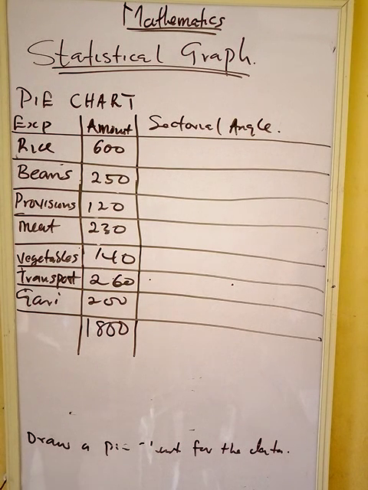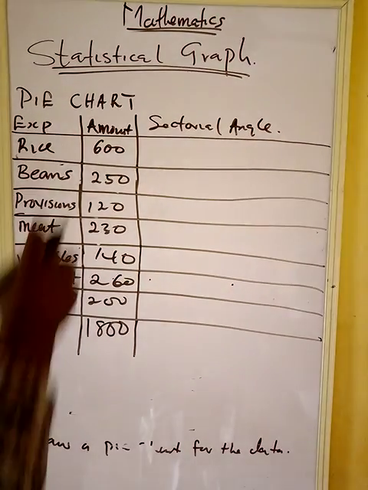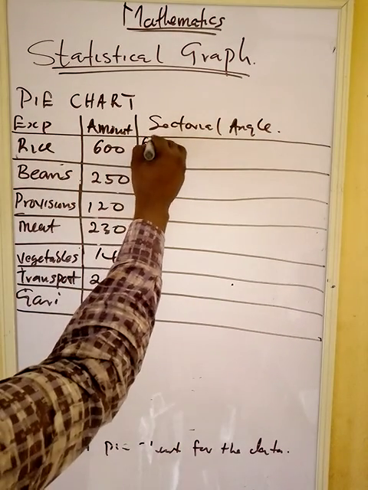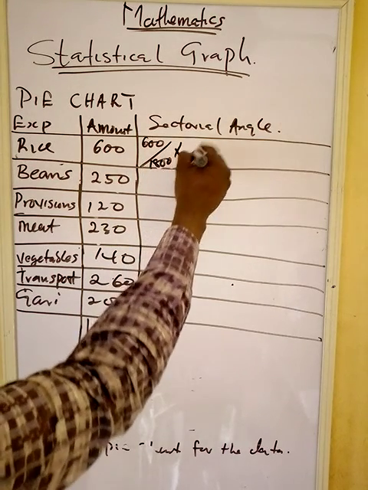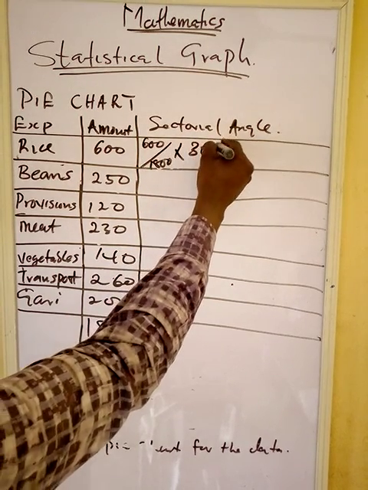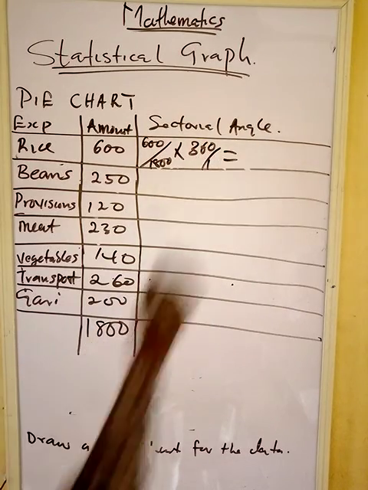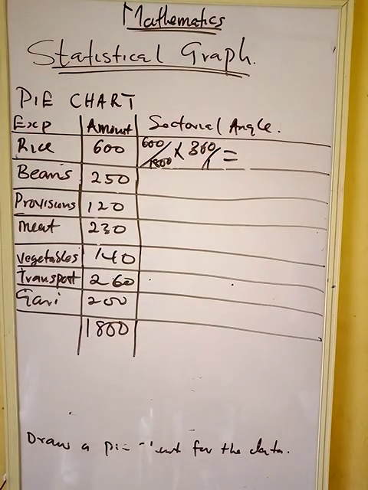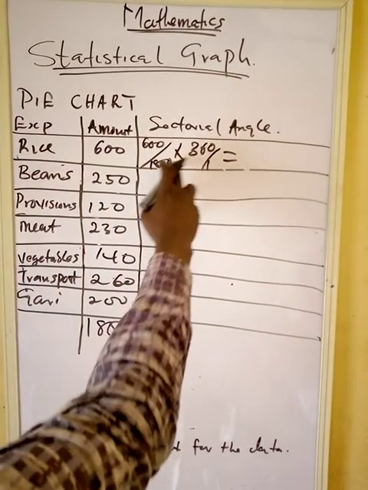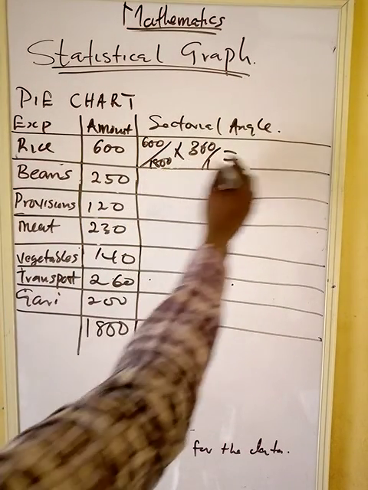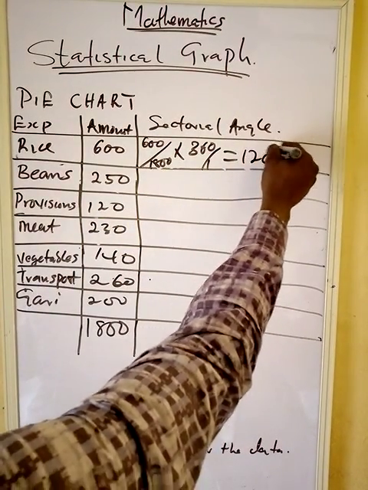1,800. So to calculate the sectorial angle, it will be 600 over 1,800 times 360 degree over 1. So let's do the calculation. 600 times 360 divided by 1,800 will give us 120 degree.